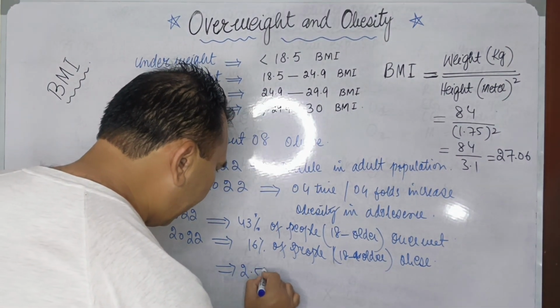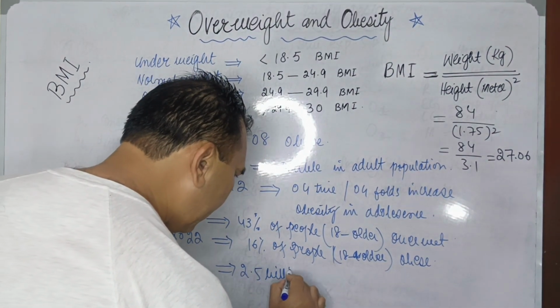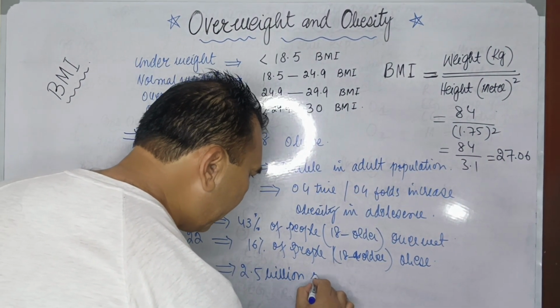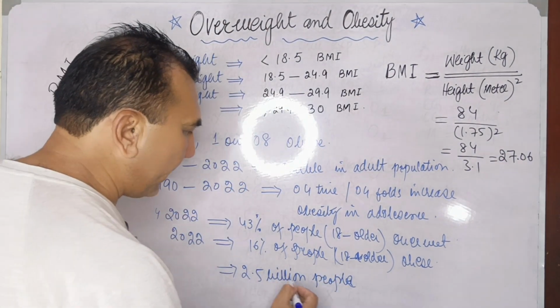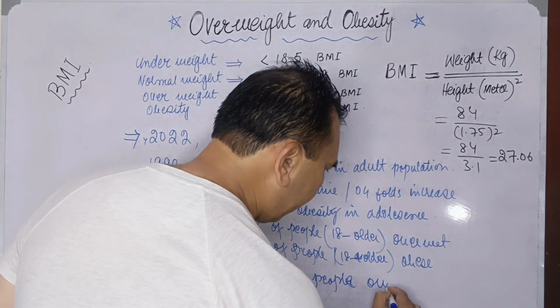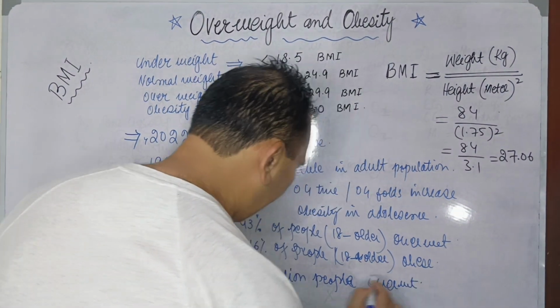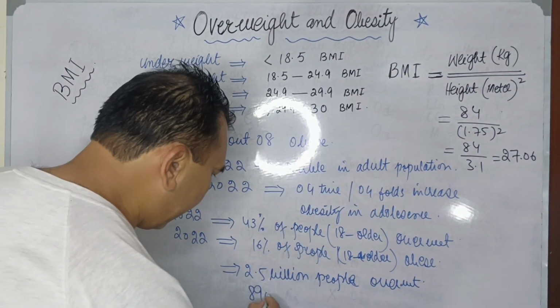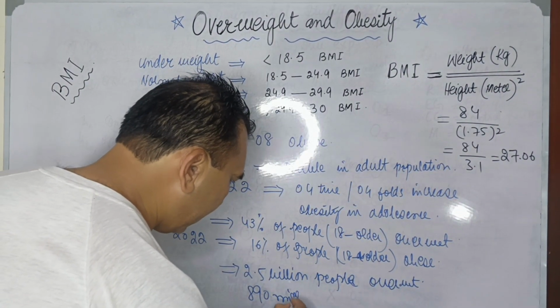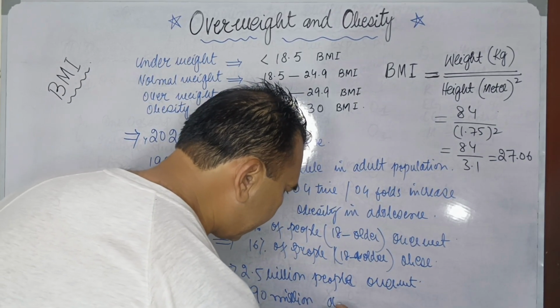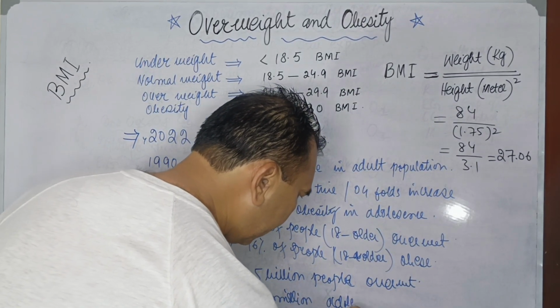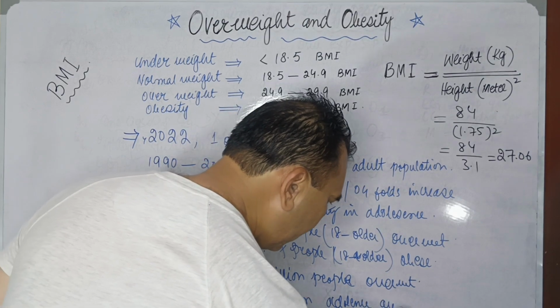They say around 2.5 billion people are overweight, and 890 million adults are obese.